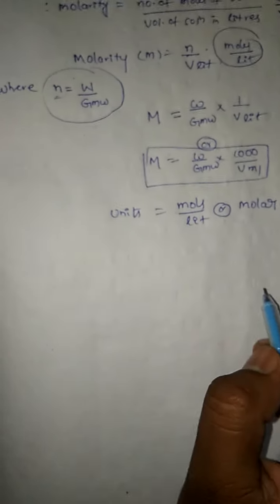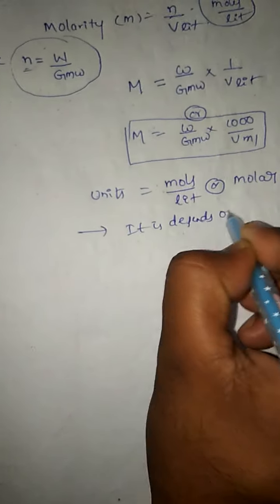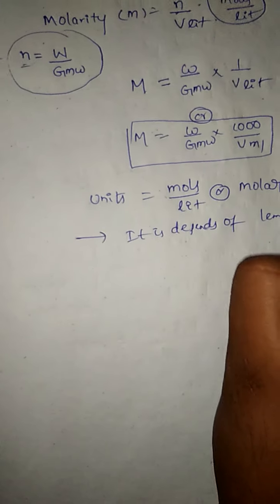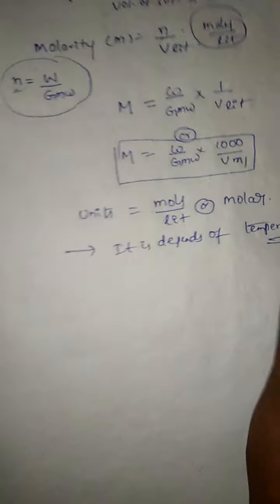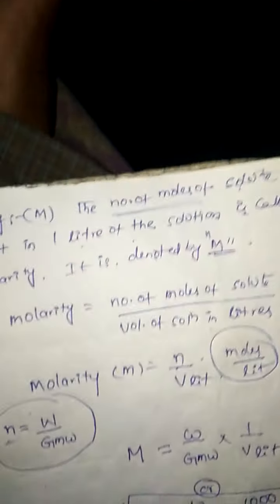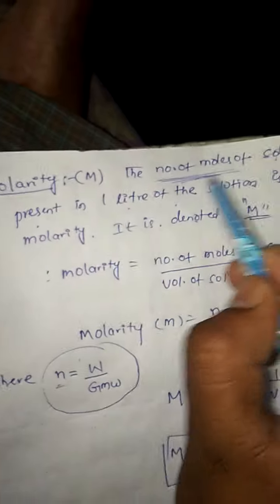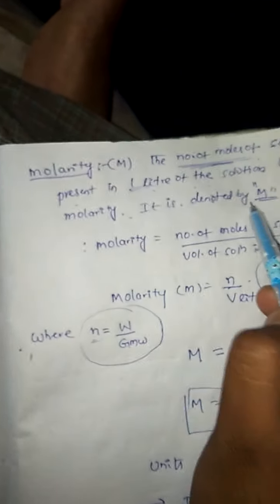It depends on temperature. So what is molarity? The number of moles of solute present in 1 liter of the solution is called molarity.